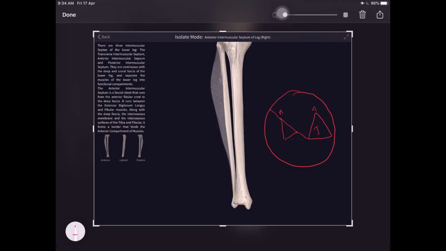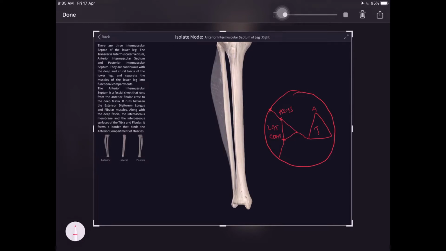The anterior intermuscular septum is attached from the anterior margin all the way to the deep fascia of the leg. One more will go from the posterior like this. That is your posterior border, with the posterior intermuscular septum going to the skin or fascia. Thereby you have one compartment between them, and this compartment is what we call the lateral compartment or peroneal compartment of the leg.